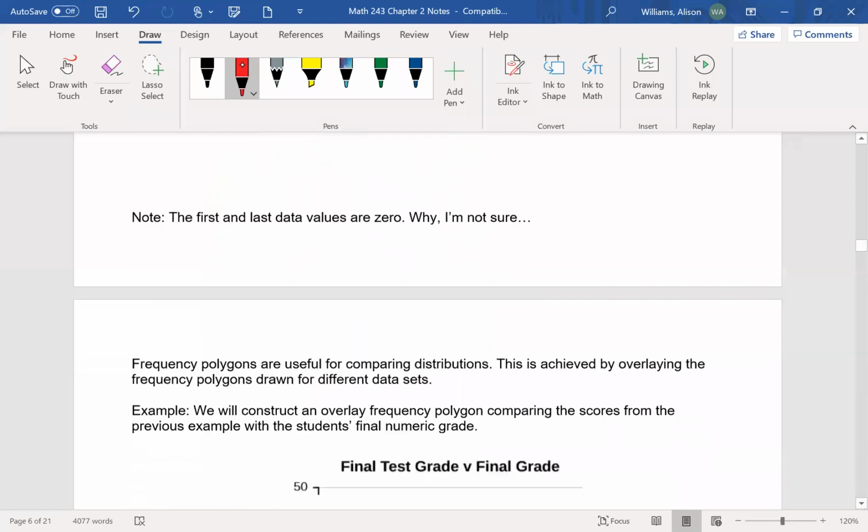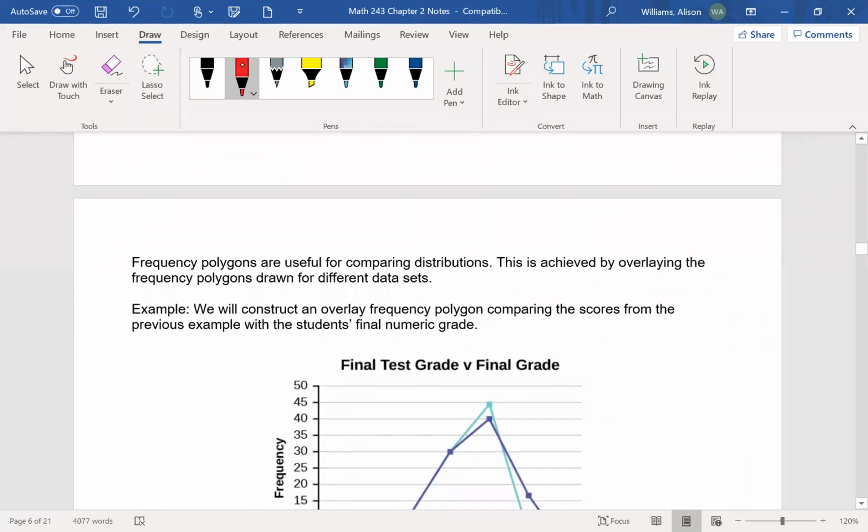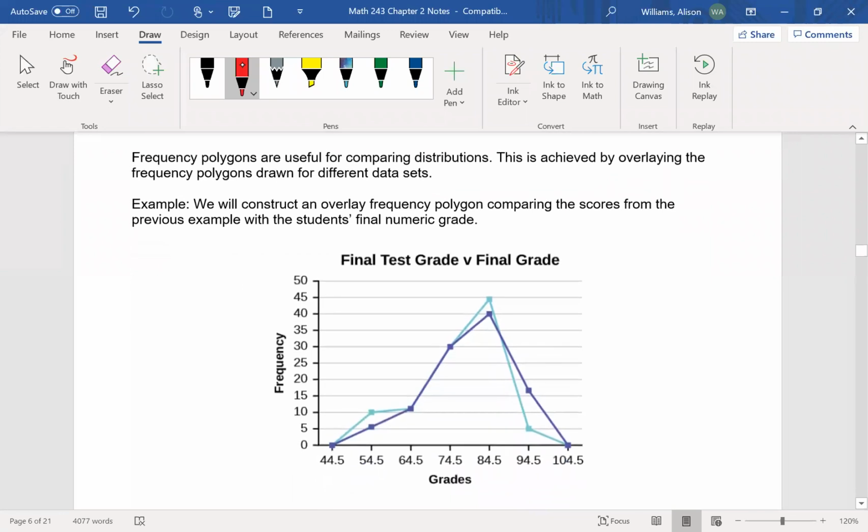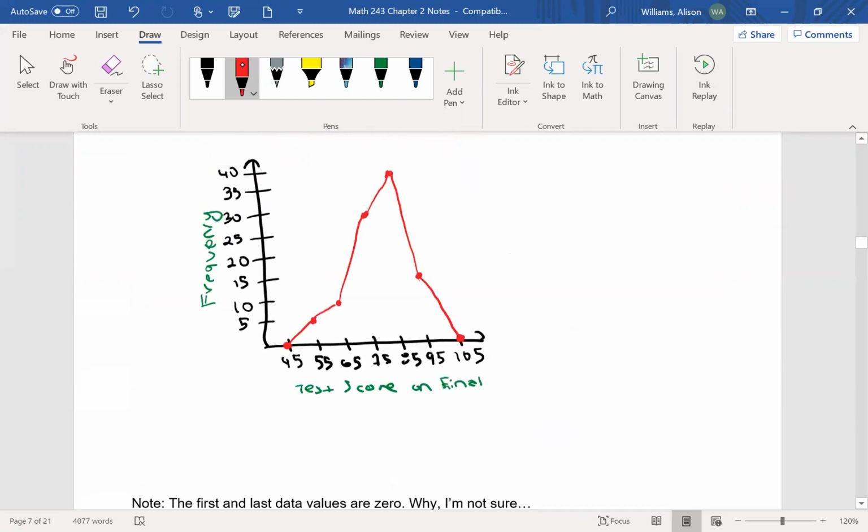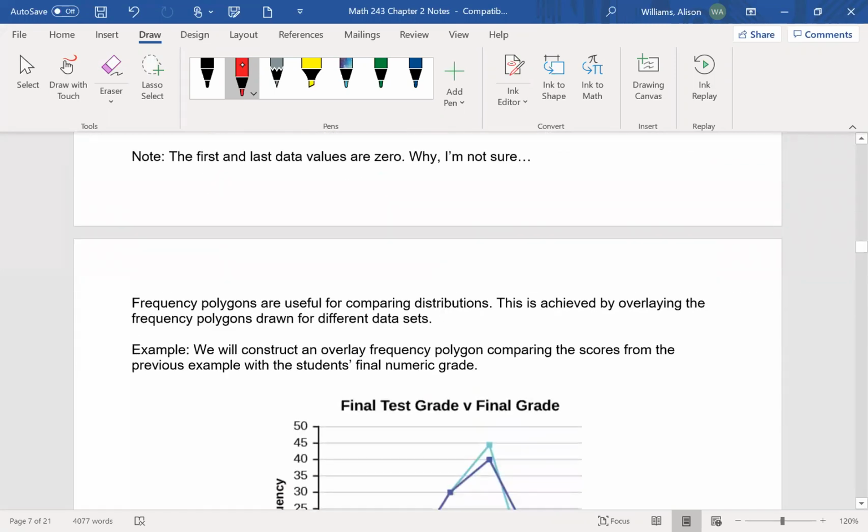Now, sometimes they use frequency polygons and do 2 on 1 just to kind of do comparison. So this one is actually looking at the data from the previous example, but it's comparing their final exam grade to their final grade. And you could kind of see, so we graphed ours went up to 40 on 85.